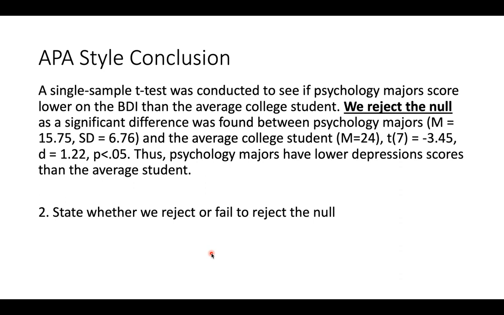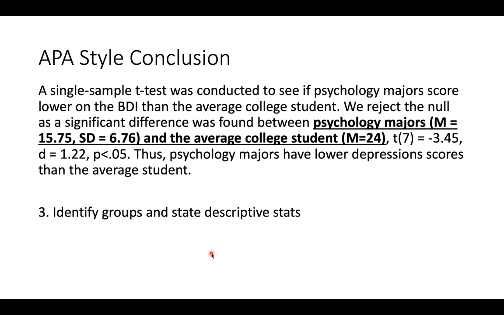The null would be that they are not extreme, but they are, so we reject the null. A significant difference was found between psychology majors who had a mean of 15.75 and a standard deviation of 6.76, and the average college student whose mean was 24. This is where we identify our groups and we state our descriptive statistics.